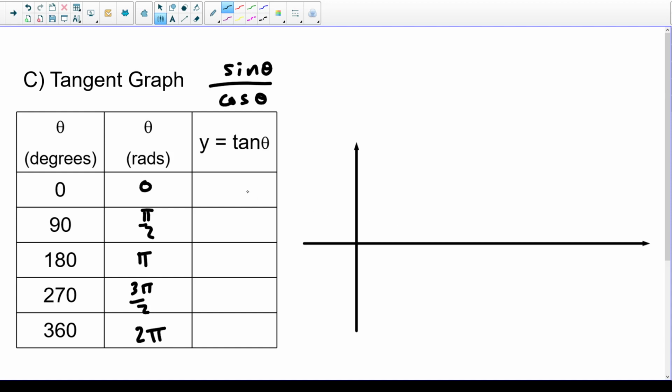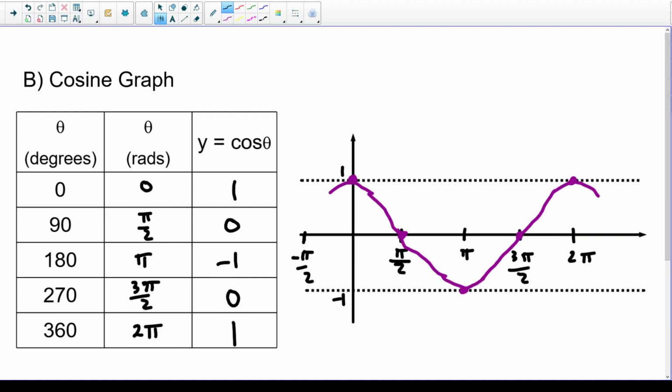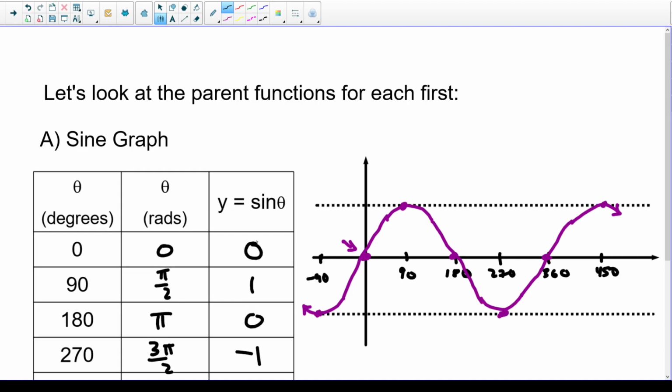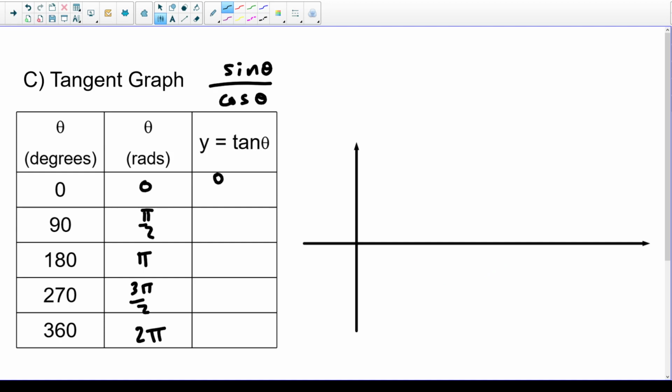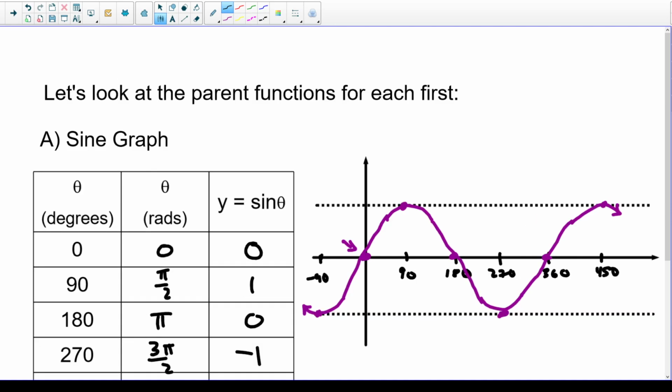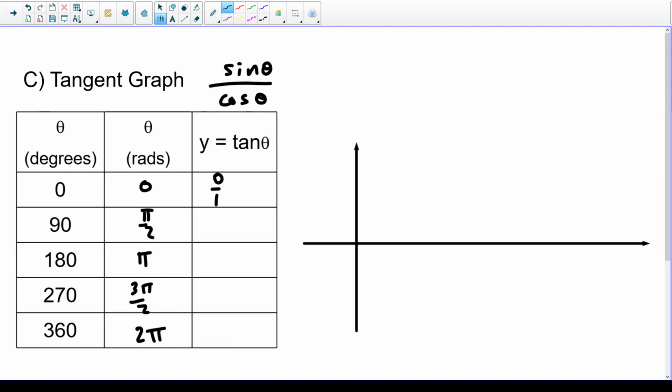So if we go to 0 degrees, the sine graph's value was 0 and the cosine graph's value was 1. So this is 0 over 1. At 90 degrees, the sine value was 1 and the cosine value is 0. That gives us an undefined value. This one was 0, right? 0 divided by 1 is 0, but 1 divided by 0 is undefined.